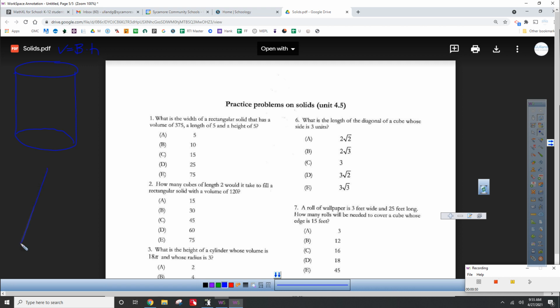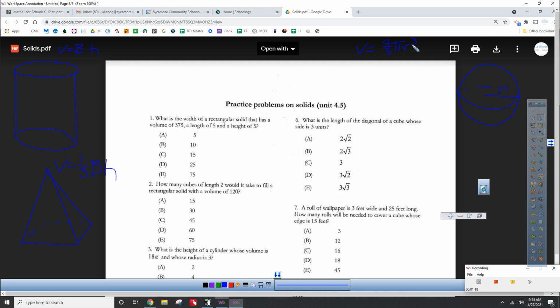If it comes to a point, so that would be like a pyramid or a cone, then the volume is 1/3 times the area of the base times the height, okay? And then the volume of a sphere with a radius r is 4/3 pi r cubed. So you kind of have to know those before you get started with that.